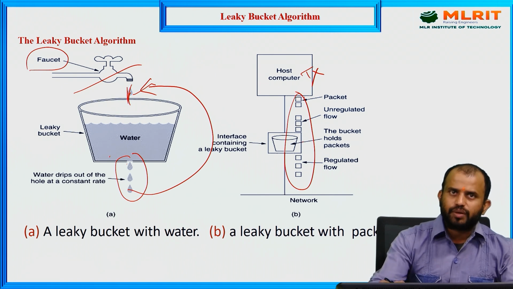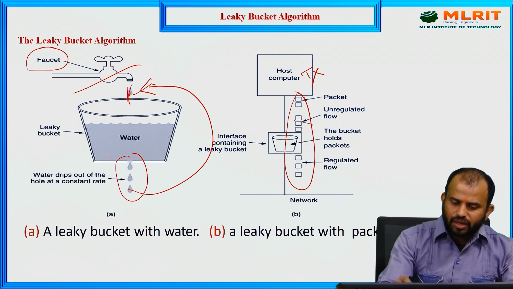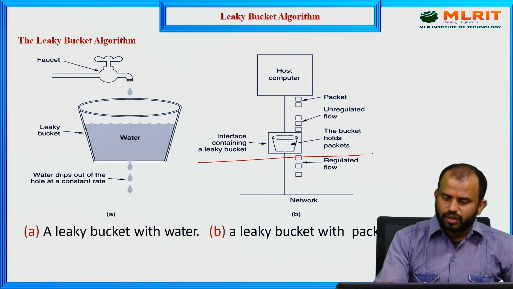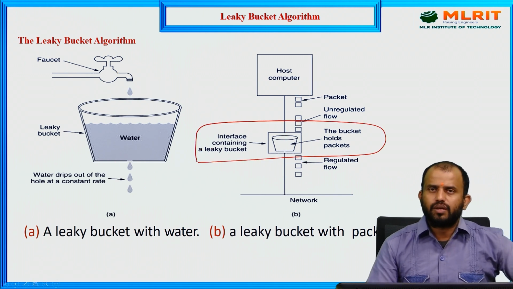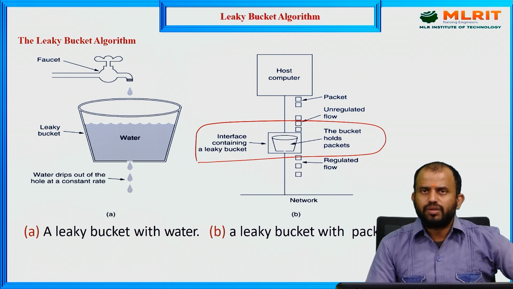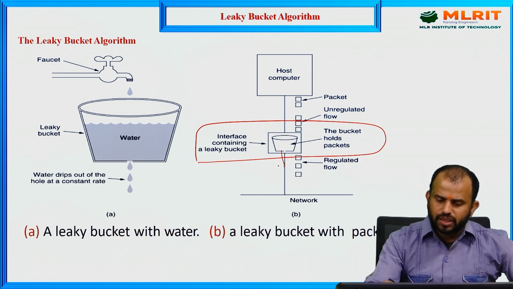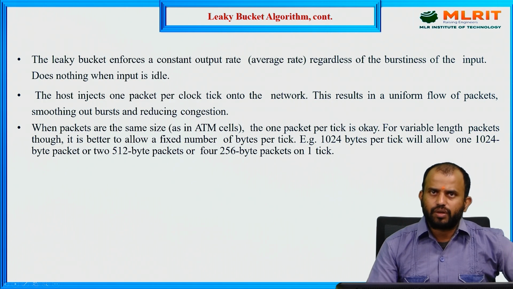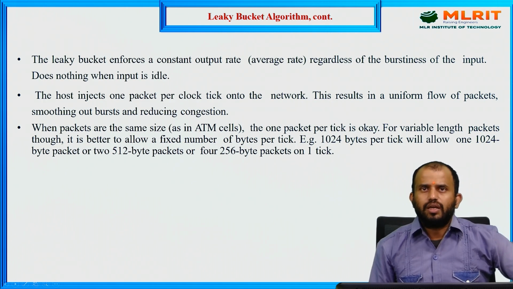The interface containing the leaky bucket holds the packets, and based upon the leakage value, information is slowly transmitted to the network. That is what we call the leaky bucket algorithm.